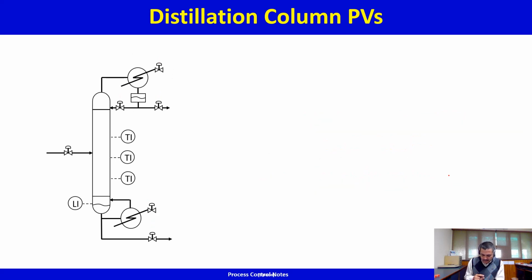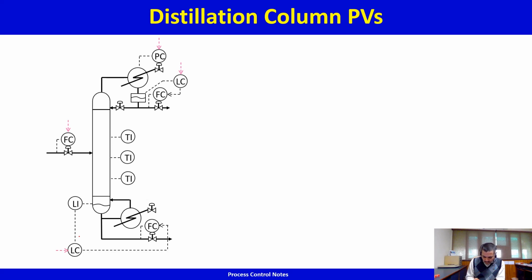Now let's implement a control system on this. The temperature measurements, level measurements, etc. are there. So what you have is, you have a flow controller on the feed stream, you have a pressure controller on the condenser, you have a level controller on the reflux drum which adjusts the distillate rate, flow controller set point. Similarly, you have a level controller, bottom sump level controller, which adjusts the flow set point of the bottom stream.